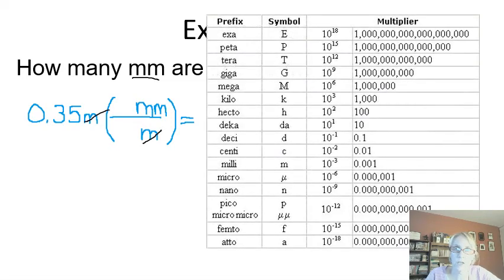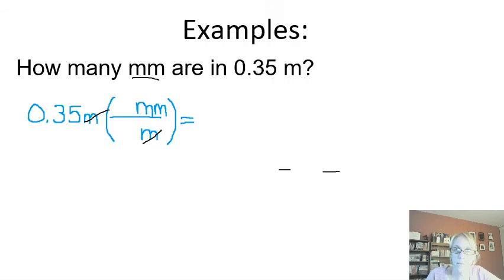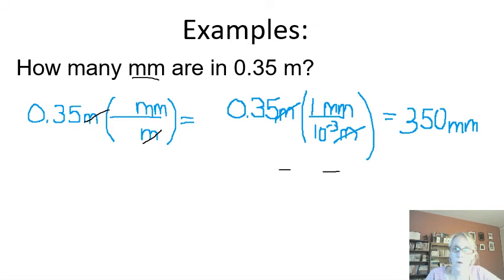So we're going to look at our chart, and we're going to go down to milli, and we know that 1 millimeter is 10 to the minus 3 meters. Okay, so now we can write this out. And here's where you want to double check your calculator and make sure you know how to use exponents on your calculator. You should get 350 millimeters.